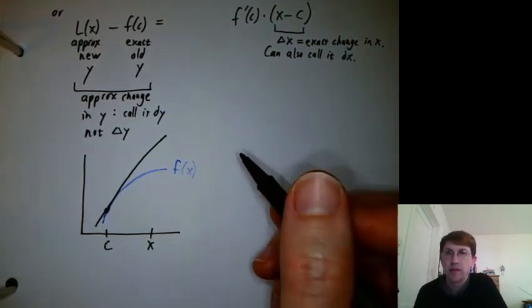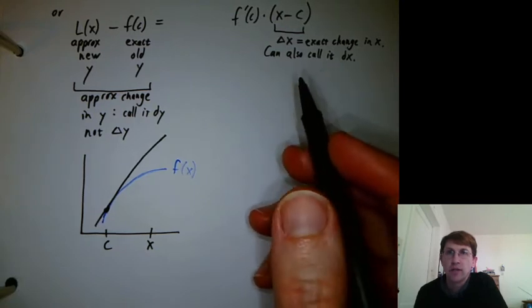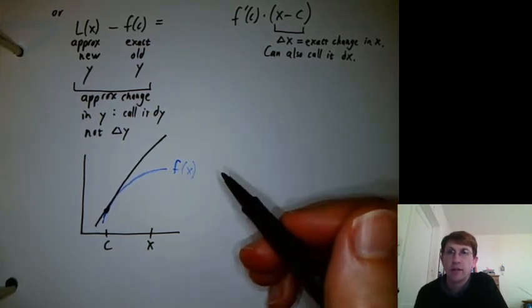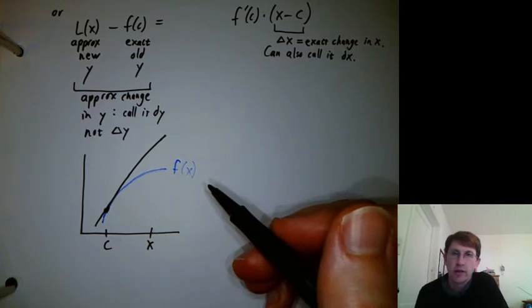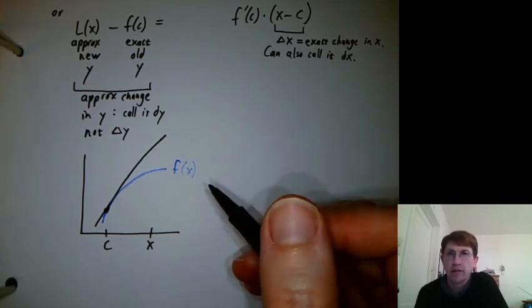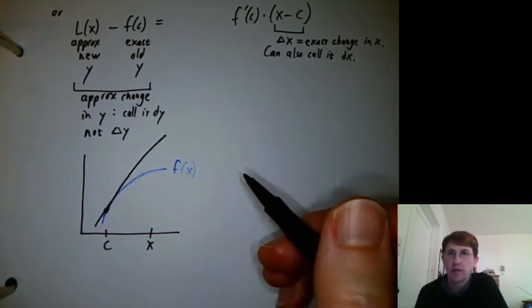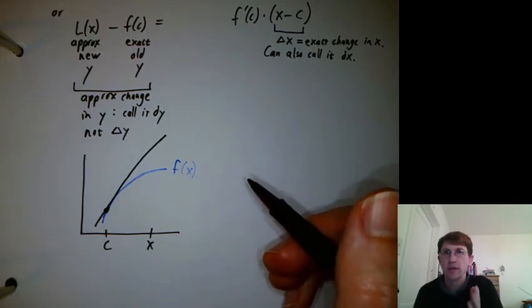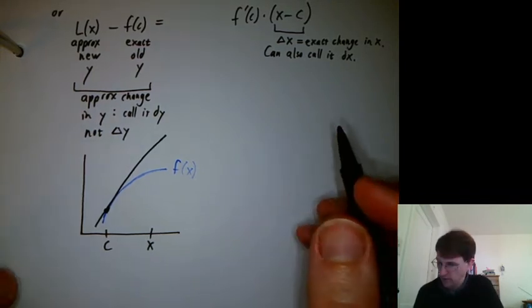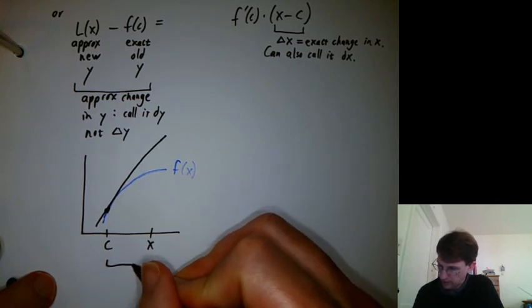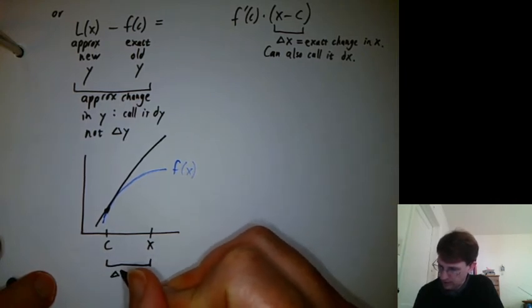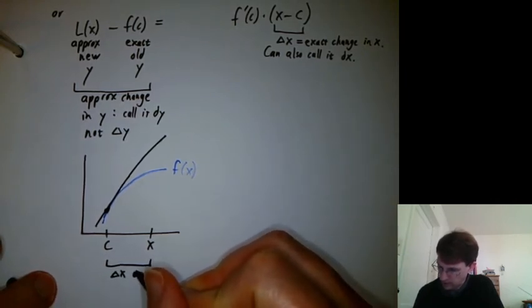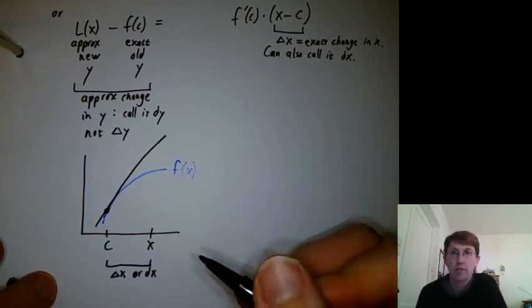Let's label delta x, delta y, dx, dy, all that stuff. So based on these definitions, try to show what is dx, dy, delta x, delta y. Okay, so this x minus c, that is delta x or dx, same name for that.